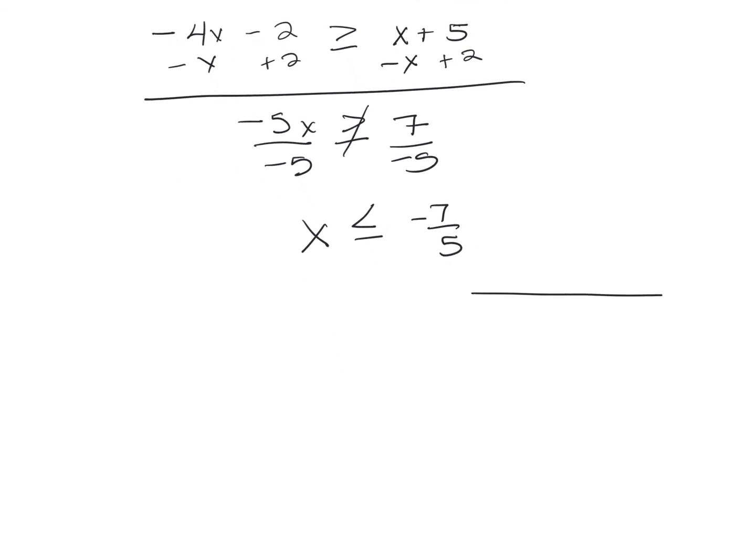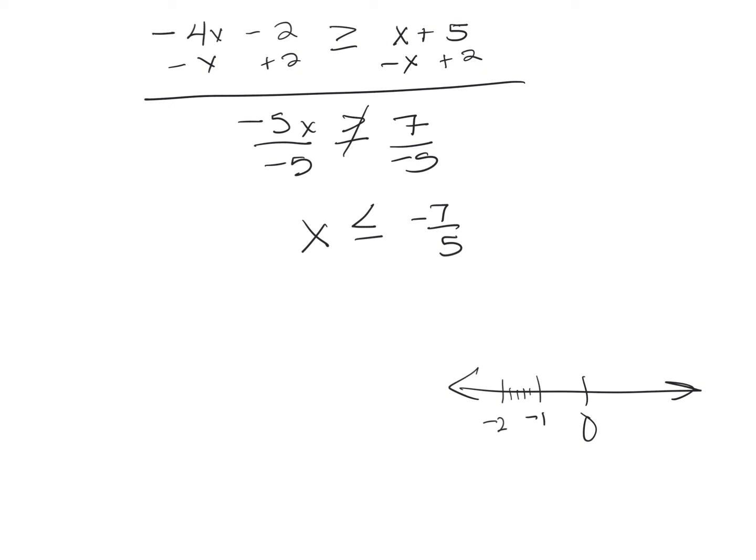So this would be all the x's. Here's 1, 1/5, 2/5 right here, 7. Oh, except it's negative. Silly. Let's do that one more time correctly. So here's -1.